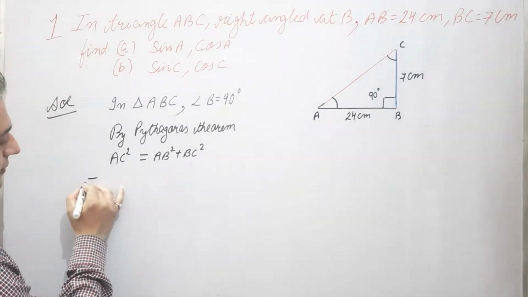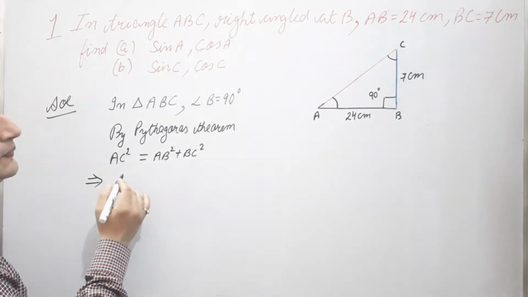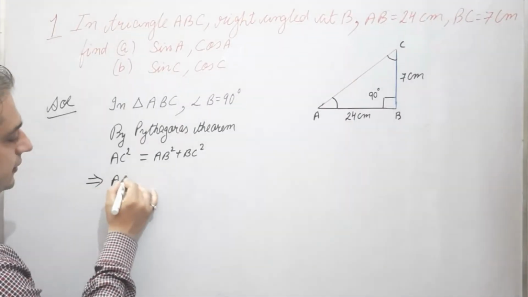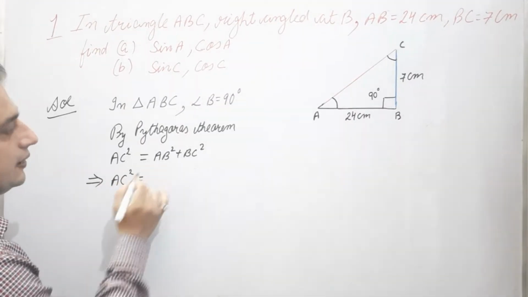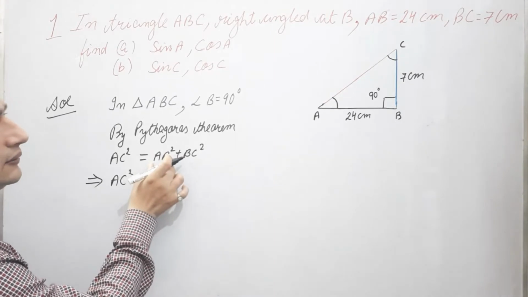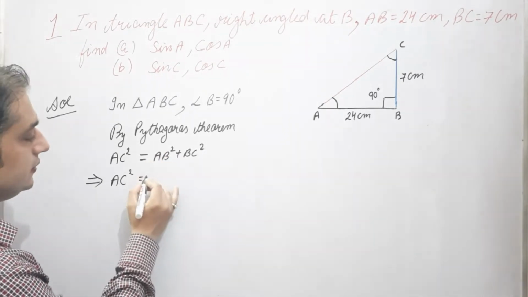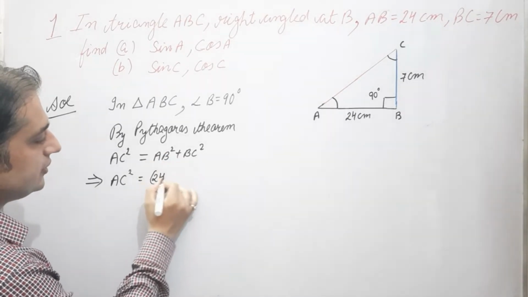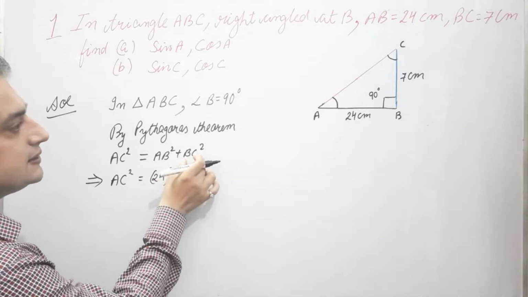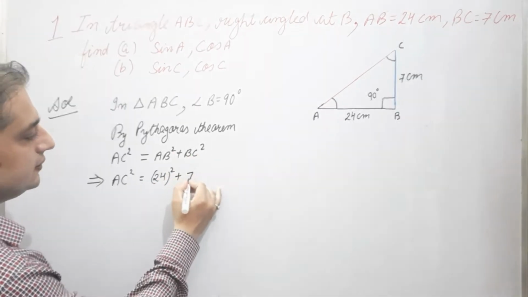The value of AB is 24, squared, plus BC, which is 7, squared.